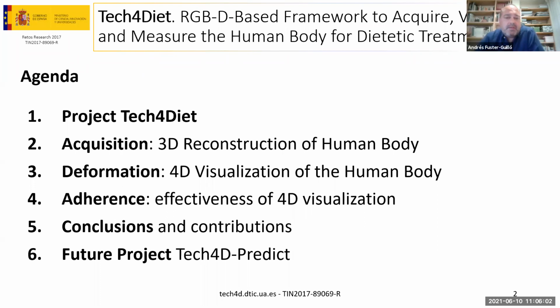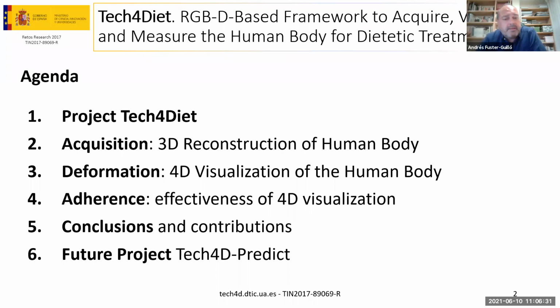First, we are going to talk about some context of the project with the objectives of the project. Then we are going to talk about some methods of the pipeline of the process of 3D body reconstruction, that is the acquisition of the 3D models. In the third part, we will talk about some methods to analyze deformation, methods for 4D, that is 3D plus time visualization of the deformations.